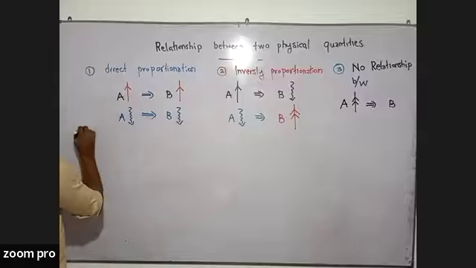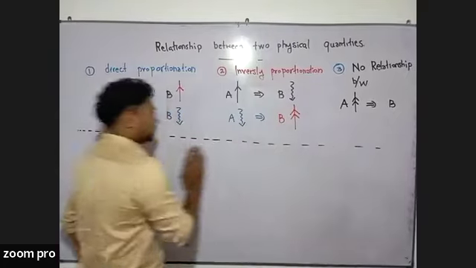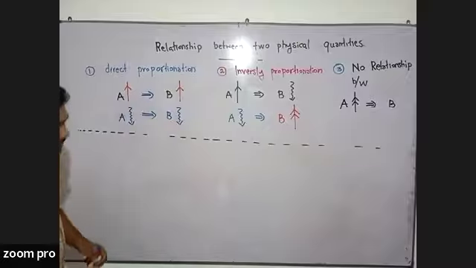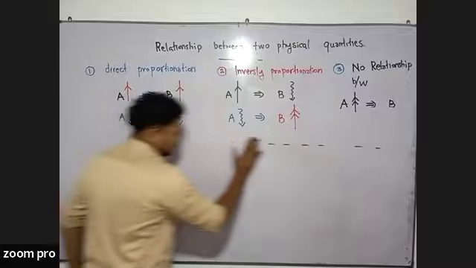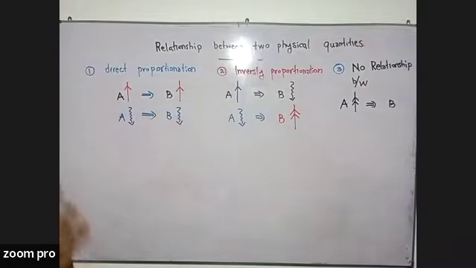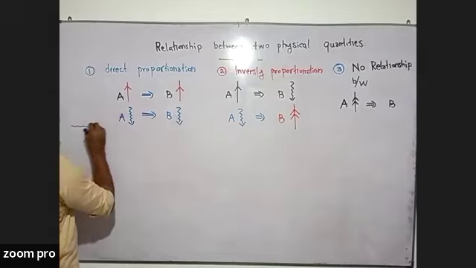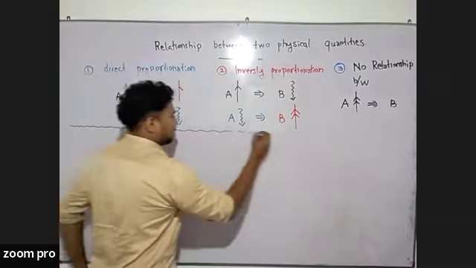So this is the initial thing that I want to highlight. What is the initial thing? That is, there are three types of relationship between two physical quantities. So let's discuss some further details about those categories.